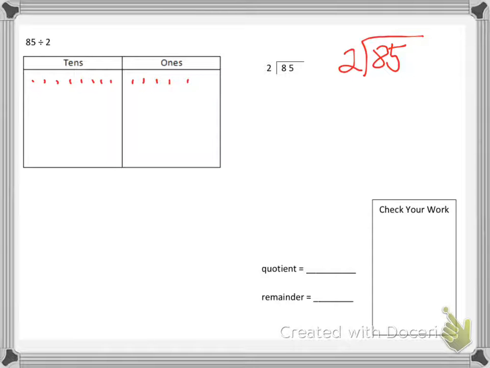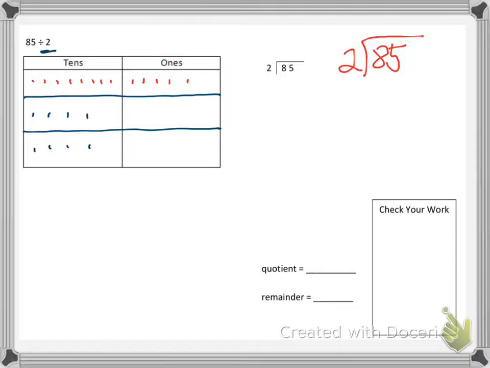And we are going to separate this into 2 groups because we're dividing by 2. So let's make our 2 groups. And we're going to take those 8 tens and split them up equally into 2 groups. So we've got 1, 2, 3, 4, 5, 6, 7, 8.